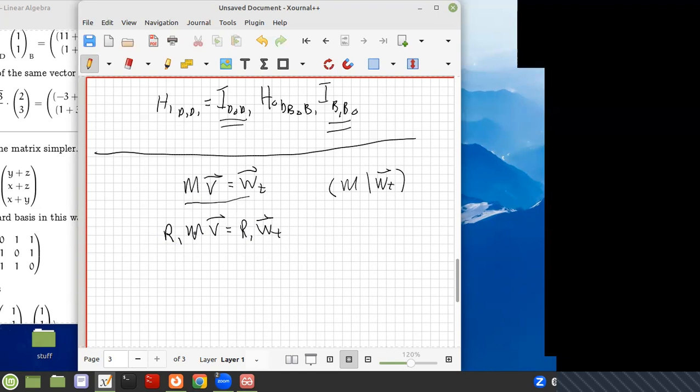Well, if I write M here, the columns of M span the range space.